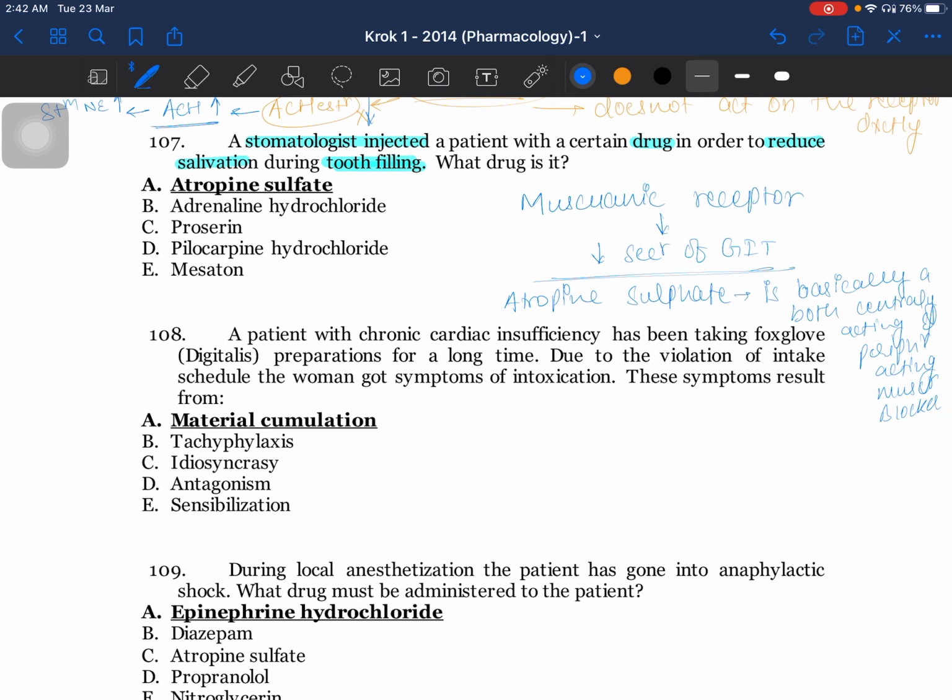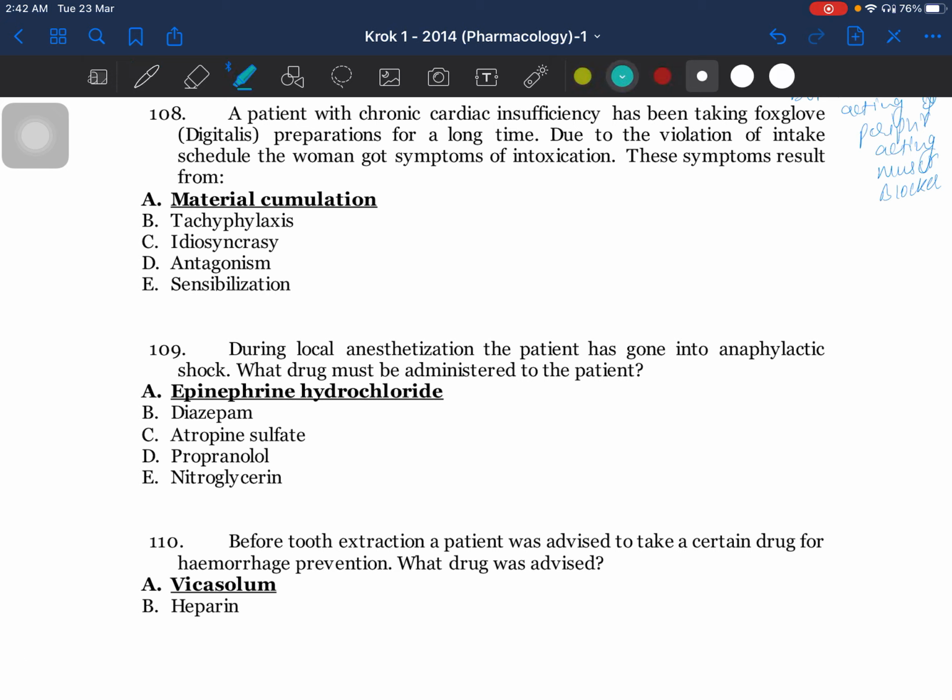Okay, now let's move to the next question, question number 108. A patient with chronic cardiac insufficiency has been taking foxglove, that is basically digitalis, for a long time. Due to the violation of the intake schedule, the woman got symptoms of intoxication.